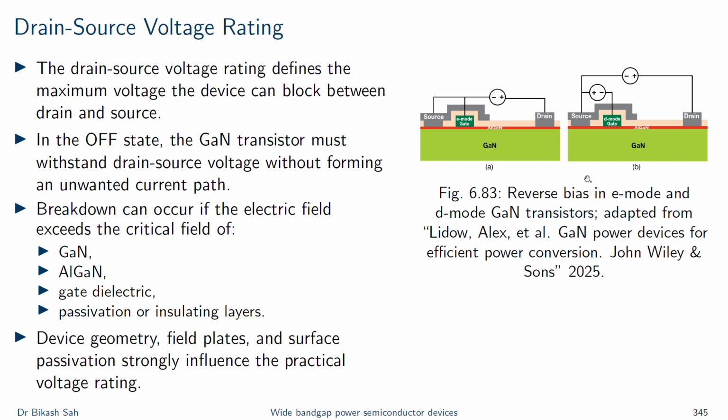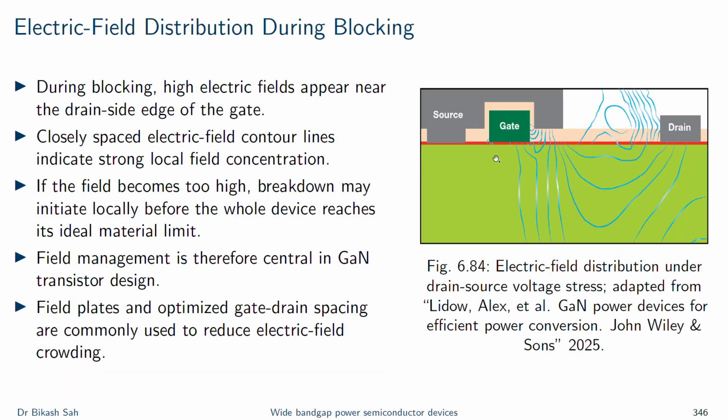The figure helps us see where the voltage is applied and where the gate is used to keep the channel depleted. In a real power converter, transient overshoot from the parasitic inductance can rise above the nominal DC bus voltage. So the voltage rating must include switching margin, not only the steady-state voltage that is being defined.